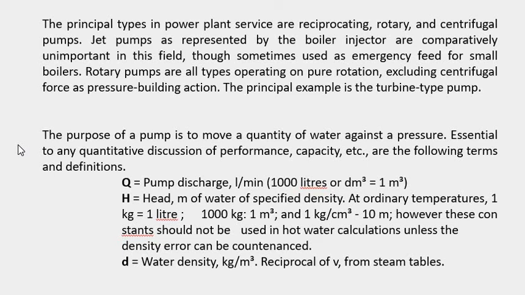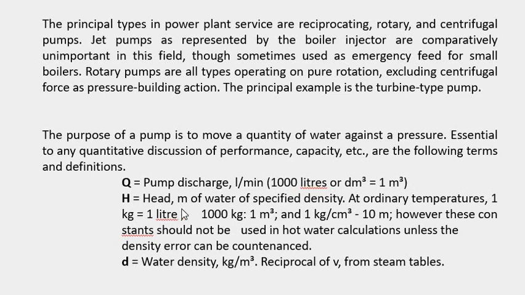Essential to any quantitative discussion of performance, capacity, etc., are the following terms and definitions. Uppercase Q is the pump discharge, liters per minute. 1,000 liters is equal to 1 cubic meter.